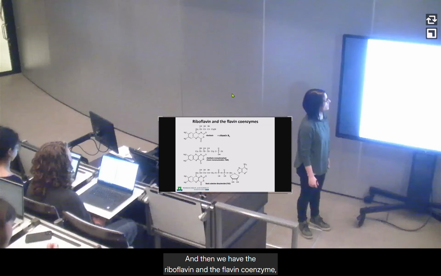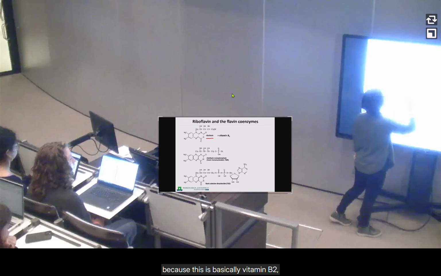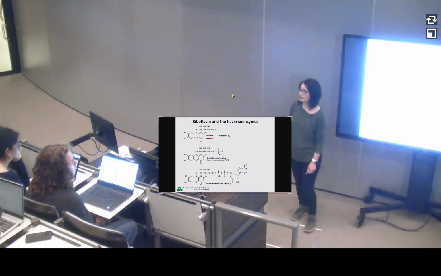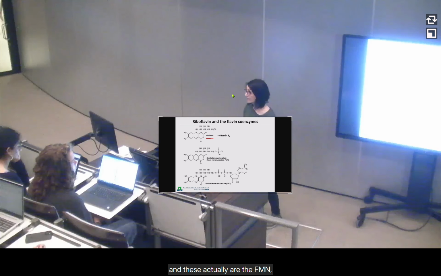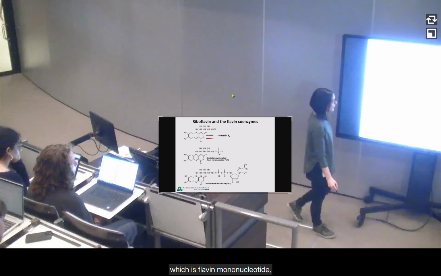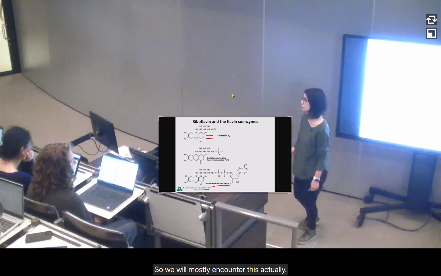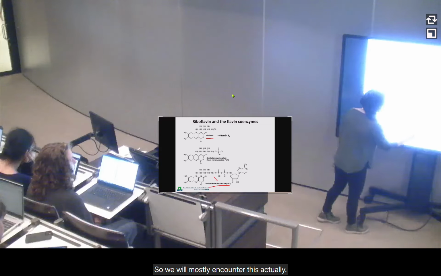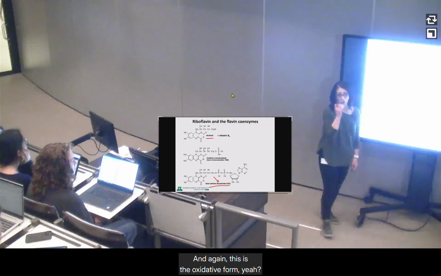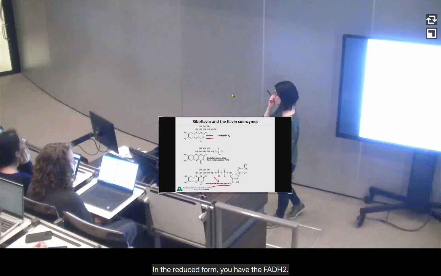And then we have the riboflavin and the flavin coenzymes, which you might know because this is basically vitamin B2, and this is actually the FMN, which is flavin mononucleotide, and the FAD, which is flavin adenine dinucleotide. So we will mostly encounter these actually. And again, this is the oxidated form. Yeah?